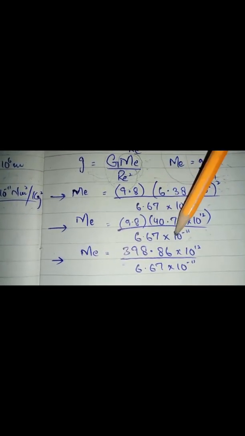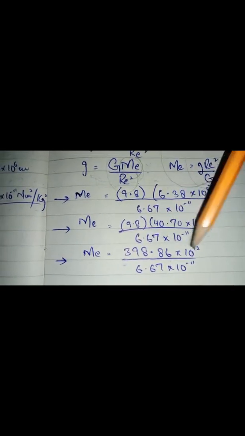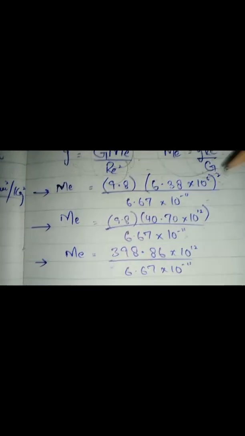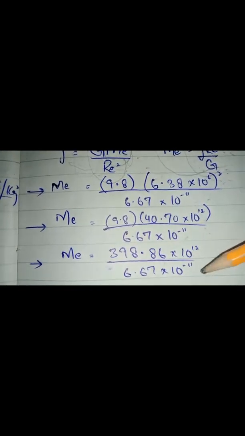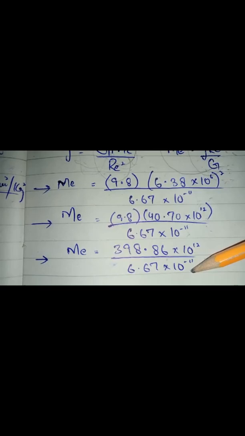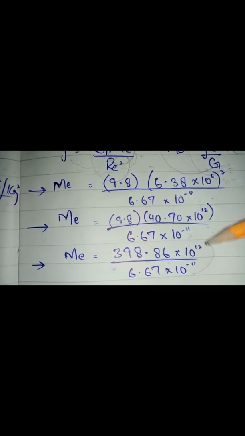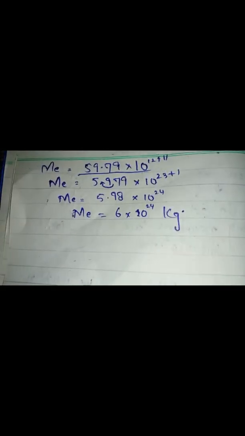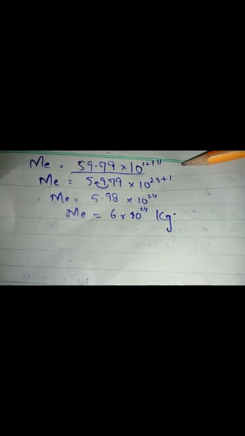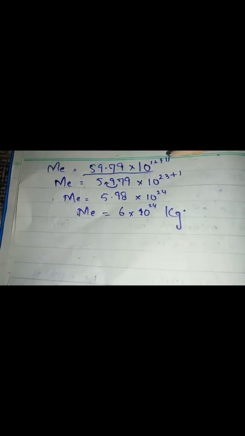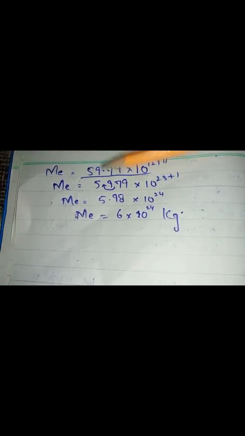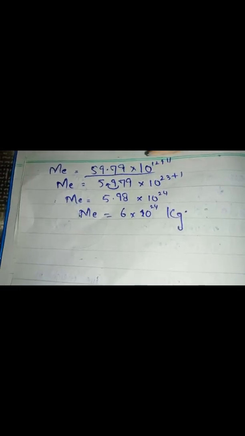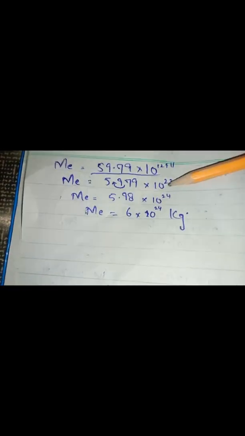Then this value will remain the same. Now in the next step we'll divide these both, and this minus 11 will move upward, and it will become plus 11. So now this is 59.79 by dividing it, and 12 plus 11 will become 23.